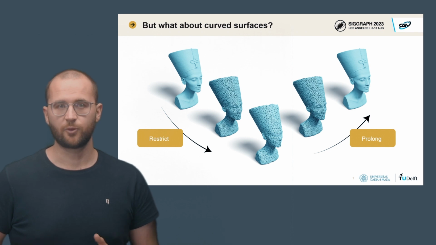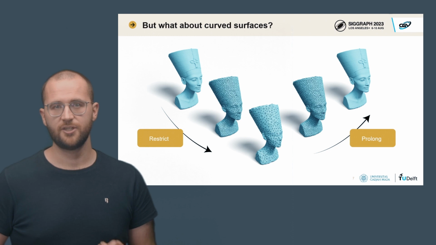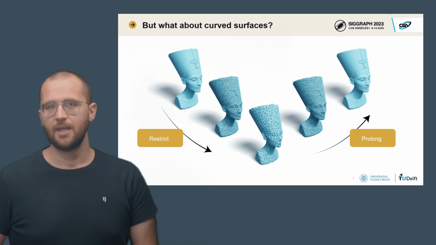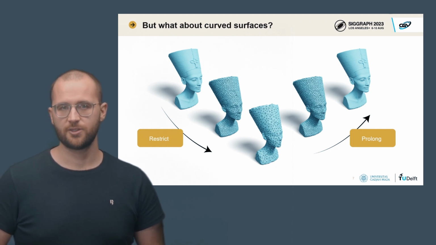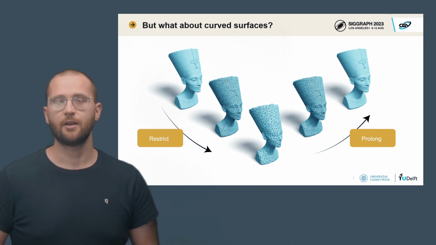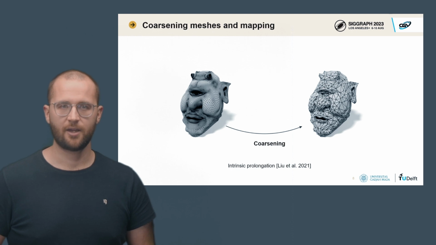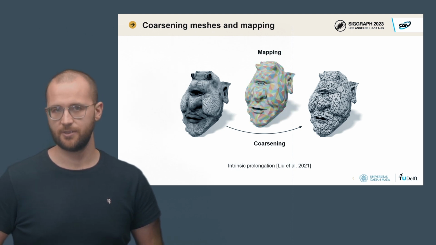While hierarchies for regular grids in Euclidean domains are well studied, the construction of efficient multigrid hierarchies for irregular meshes or point clouds is an active research question. In our analysis of related work, we identified two approaches to designing geometric multigrid methods on curved surfaces. The first is to construct a hierarchy of meshes by mesh coarsening and then mapping between these meshes.